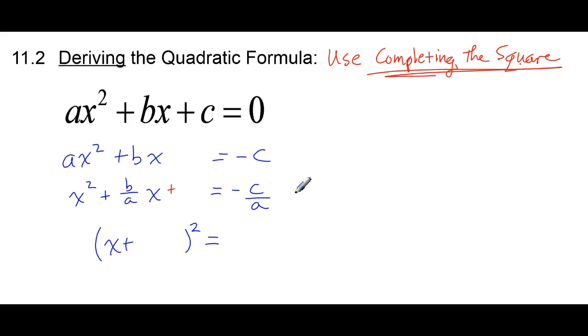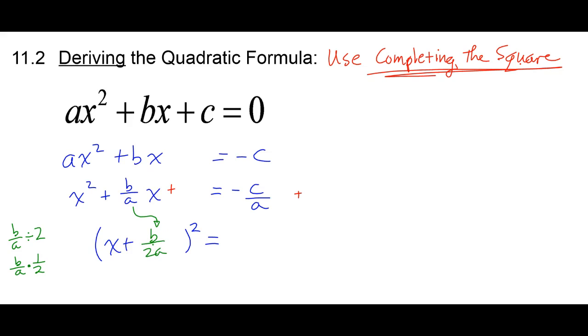So, what are we going to add to both sides of the equation? Well, let's see. Take this here, cut it in half, and we've got to make sure we do this right. b divided by a cut in half. It's probably easier to say b divided by a times 1/2, because then it's a lot easier to see that you get b over 2a.